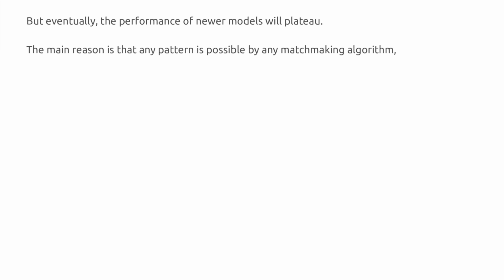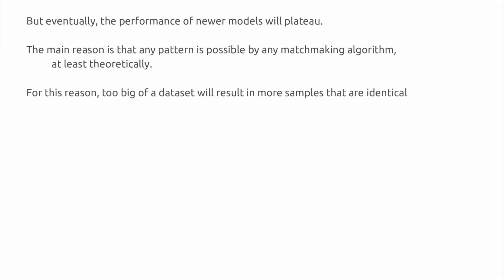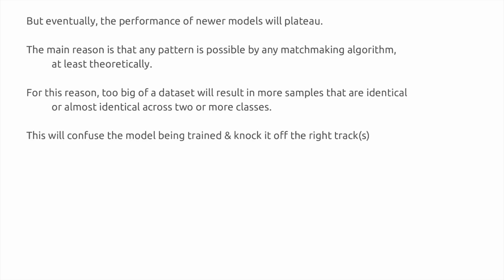The main reason is that any pattern is possible by any matchmaking algorithm, at least theoretically. For this reason, too big of a dataset will result in more samples that are identical or almost identical across two or more classes. This will confuse the model being trained and knock it off the right tracks, while the loss is being minimized.